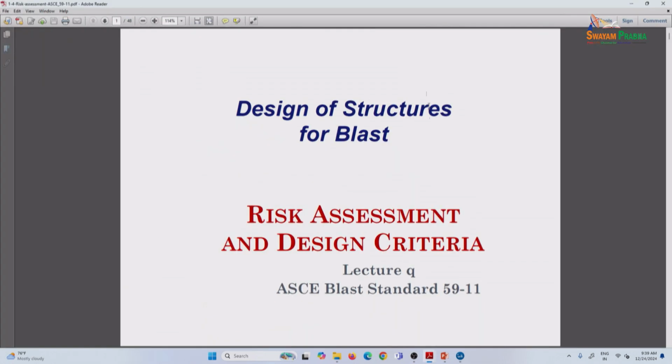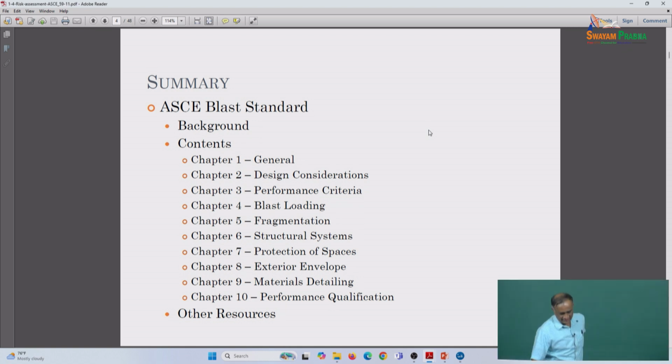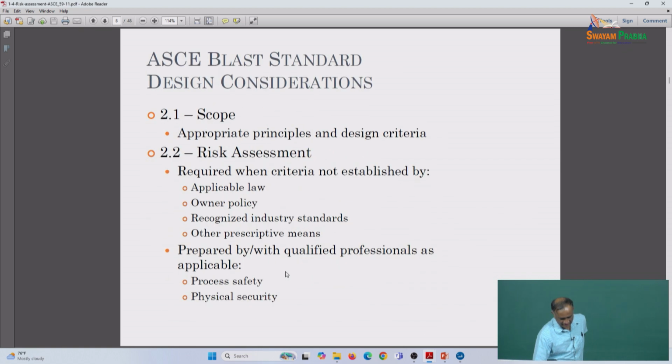So, if you see here, the chapters cover everything. It has got design considerations, it's again not details, design considerations, it's got performance criteria, then it's got something on loading, then fragmentation, structural systems protection, material detailing and performance qualification.